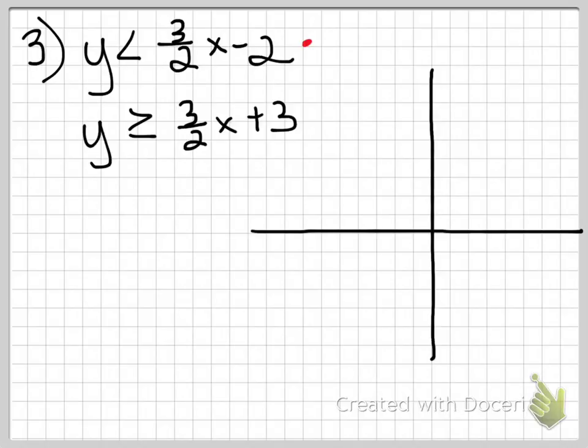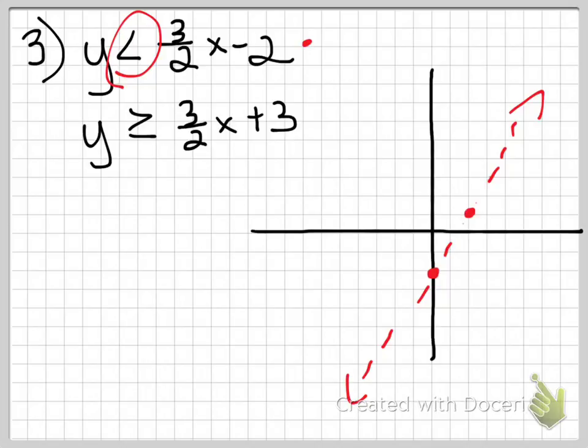So I'm gonna start with my y-intercept of the -2, and I'm gonna go up 3 and right 2 in order to do my slope. Again, check the inequality sign. It's less than, not less than or equal to, so do the dash. Pencils are helpful because if you accidentally do it solid, you can just erase it.